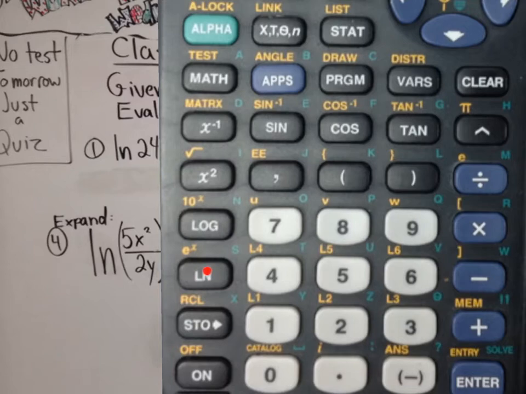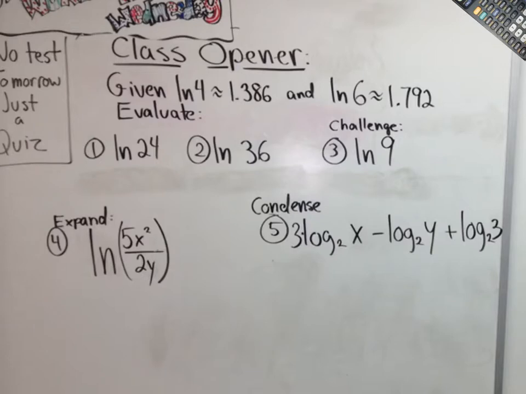We get 3.178. And we're going to put these squiggly lines, which means it's an approximation, because we know the actual answer continues forever. Now, we already know the answer here, guys, because of our calculators.